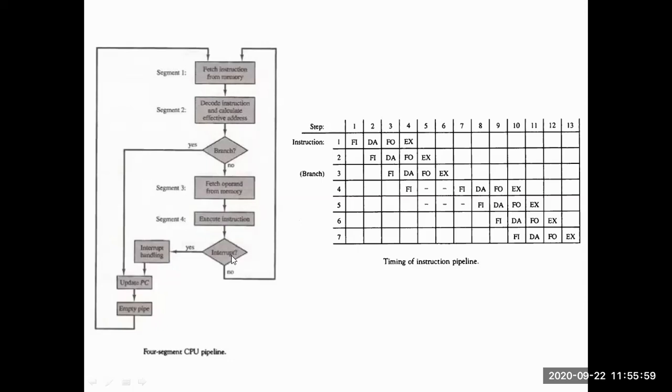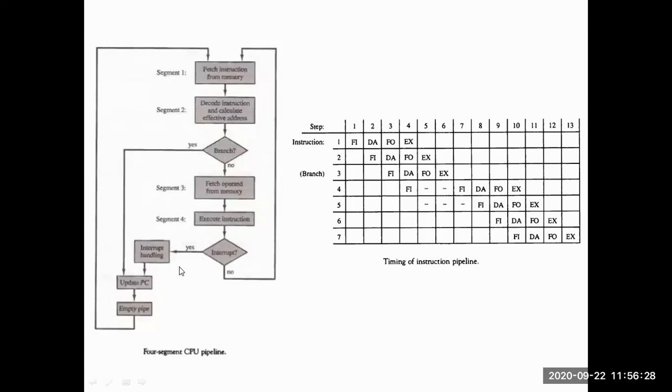Now, if there is an interrupt, what will happen? If there is an interrupt, you have to address that interrupt. You cannot say that I will not address this interrupt and I will continue. If I am executing instruction number 7, next I have to execute instruction number 8. But if there is an interrupt, we need to put everything aside.